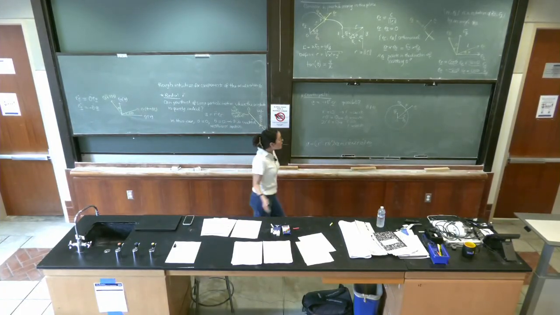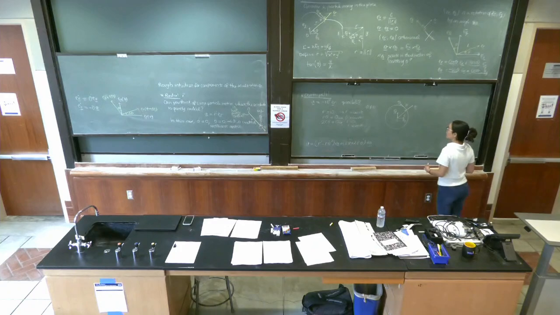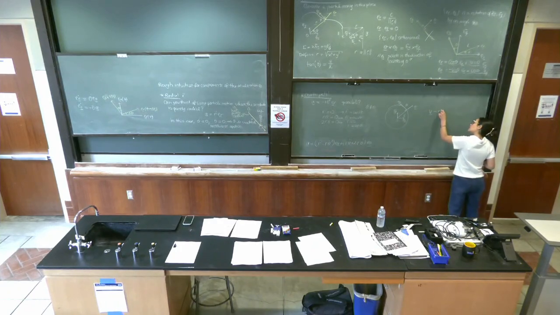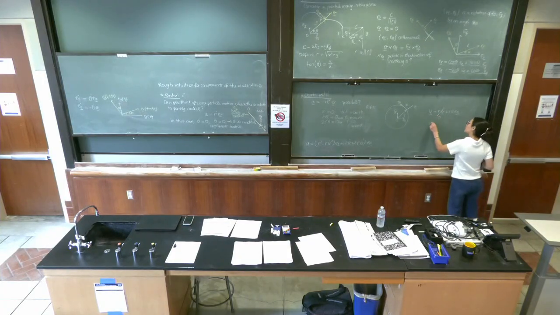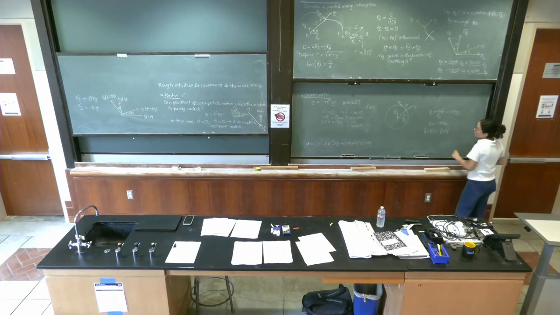Okay? Let me check what the velocity of the particle is. V is r dot e_r plus r theta dot e_theta. Right? In this case, what is r dot? 0, right? So V is r theta dot e_theta. And notice that the magnitude of V is equal to the magnitude of r theta dot, where r is constant and theta dot is constant. That's constant.